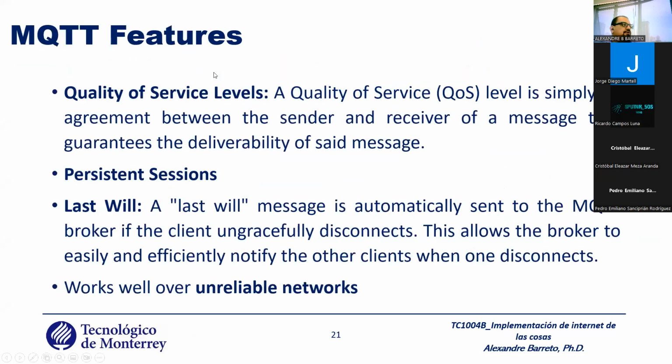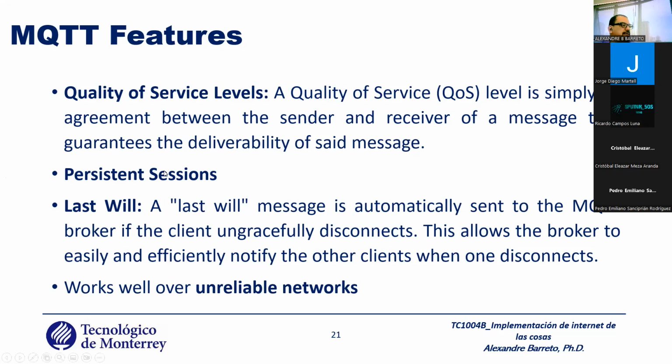You have some features, okay? The first is the quality of service levels, okay? And the quality of service defines an agreement between the sender and receiver, okay? It defines, for example, how many messages you can receive when you send some ACKs and other things like that.